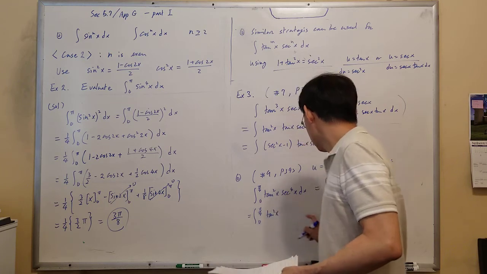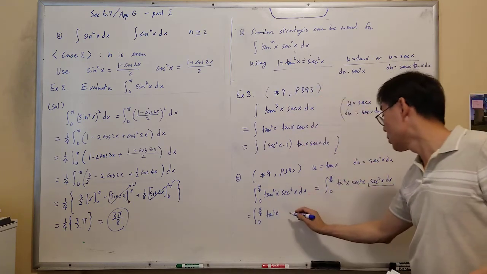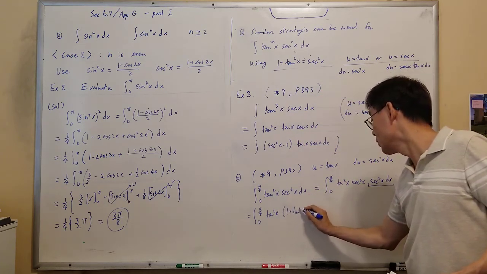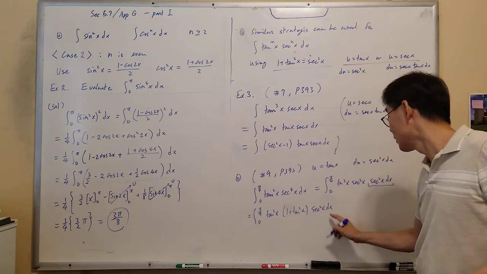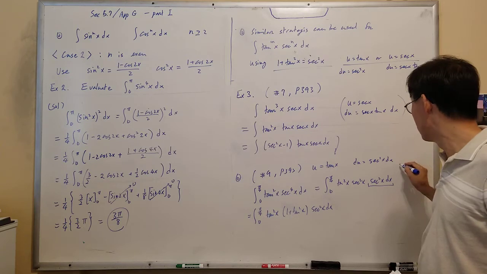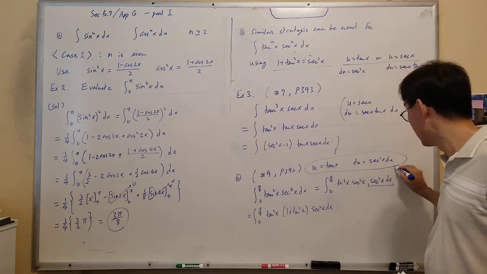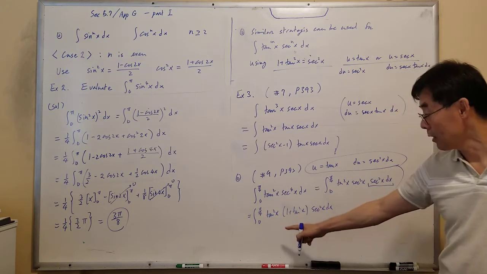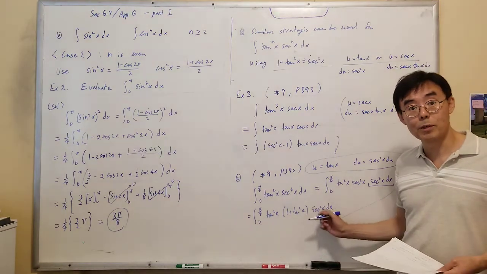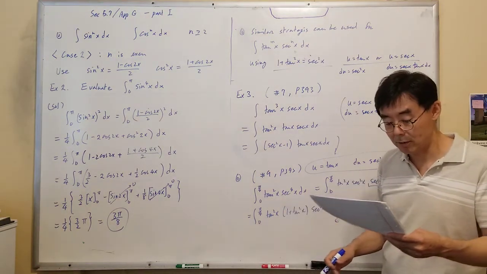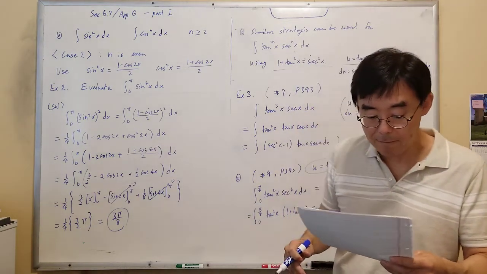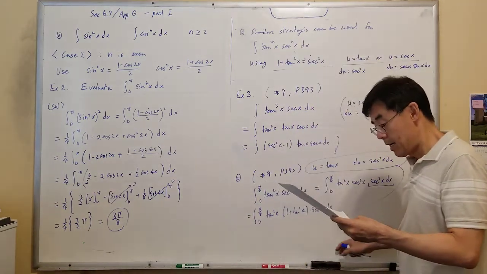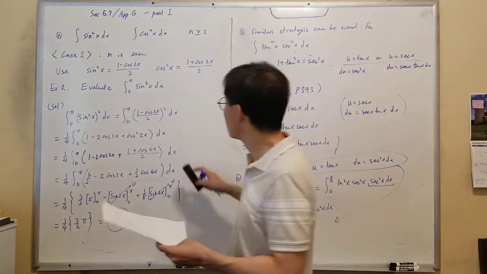Secant squared of x equals 1 plus tangent squared of x, and secant squared of x dx. Then using this, you can easily write it as u squared times 1 plus u squared du, so you can finish this. So these are all similar ideas. Okay? The next one is probably the hardest.